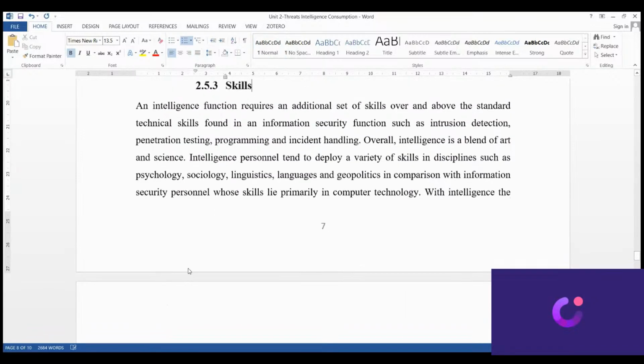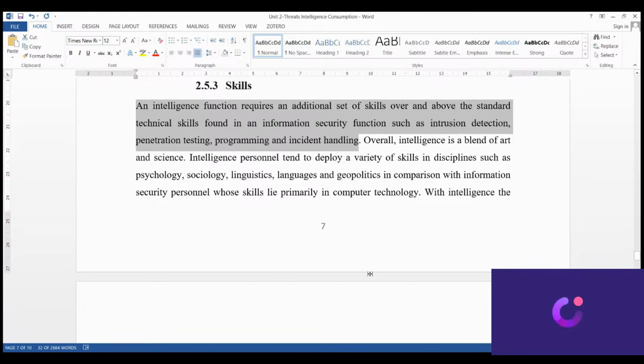With regard to the skills, an intelligence function requires an additional set of skills over and above the standard technical skills found in an information security function, such as intrusion detection, penetration testing, programming, and incident handling.